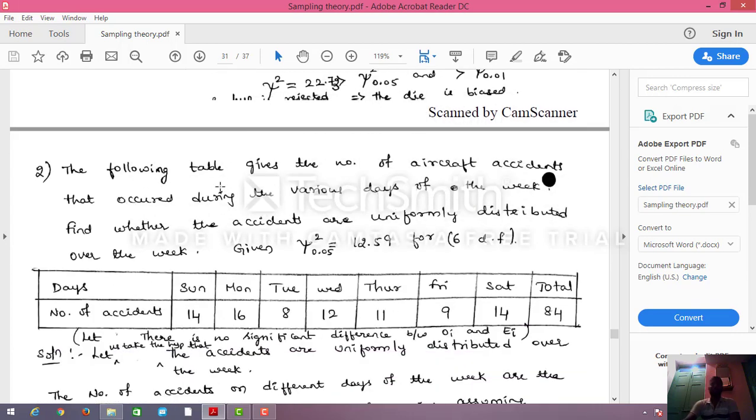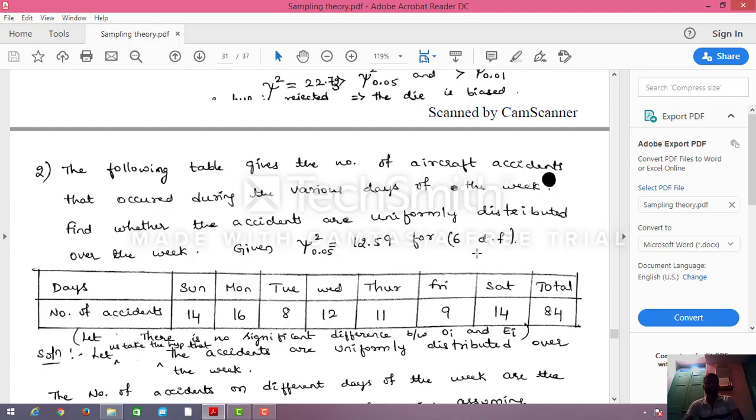The following table gives the number of aircraft accidents that occurred during the various days of the week. Find whether the accidents are uniformly distributed over the week. Here the given chi-square at the 5% level of significance is 12.59 for 6 degrees of freedom.